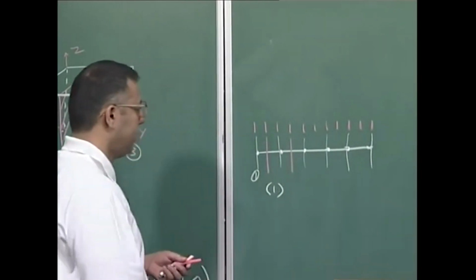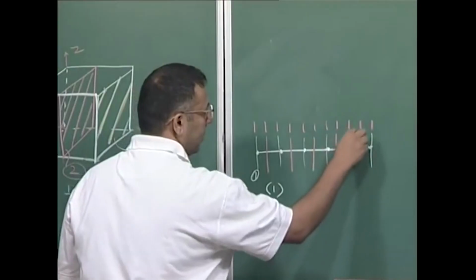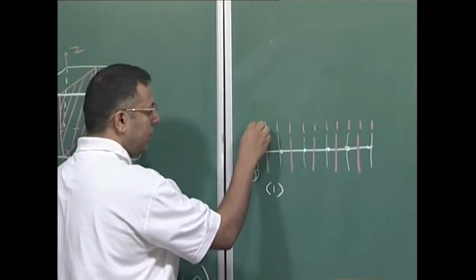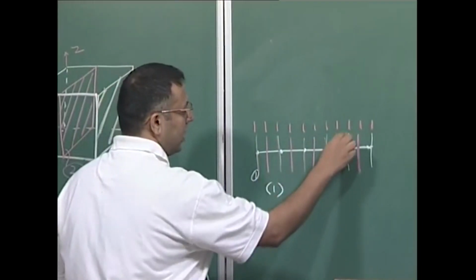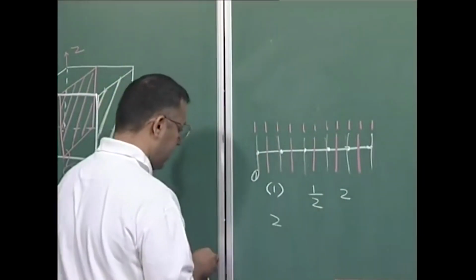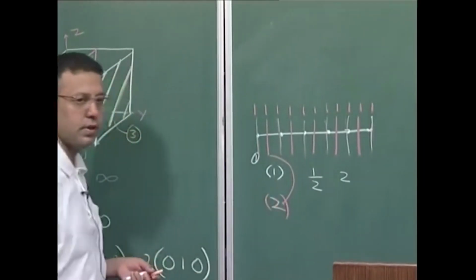So, the other set of planes now includes not only the planes which are between, but also the planes which are, let me draw them now. The red planes are like 2, and I enclose it within brackets. So, the Miller indices of this plane would be 2.